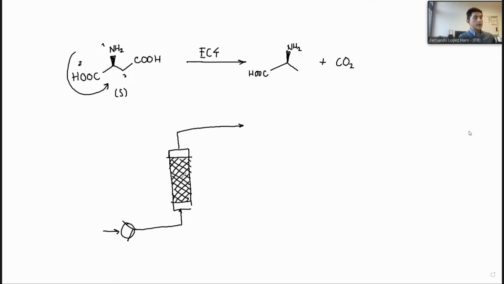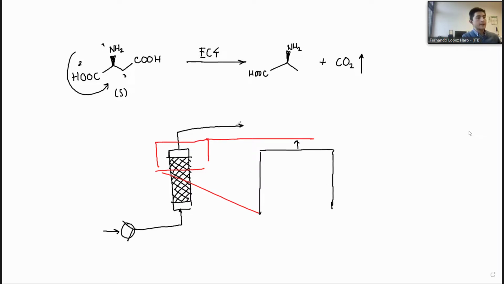The issue that you might have here is that when the reaction is going, you will notice that at the very top, since you have the formation of a gas in the reaction, instead of having a complete liquid volume inside of your reactor, you will create bubbles of carbon dioxide.